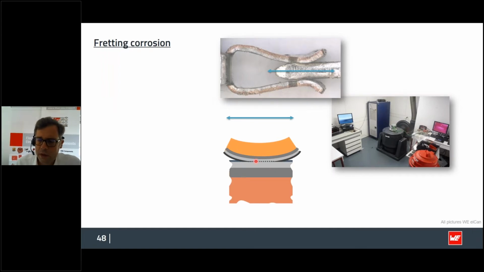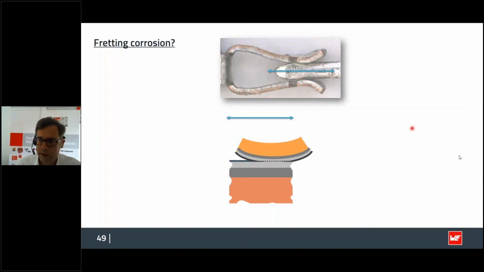Another aspect that might occur is the so-called fretting corrosion. Fretting corrosion means if you have two contacts that are applied to each other, some fretting or vibration might occur over time. What happens here is that the tin oxide, which is a normal oxidation process that you can find on the contact itself, is a very hard material.